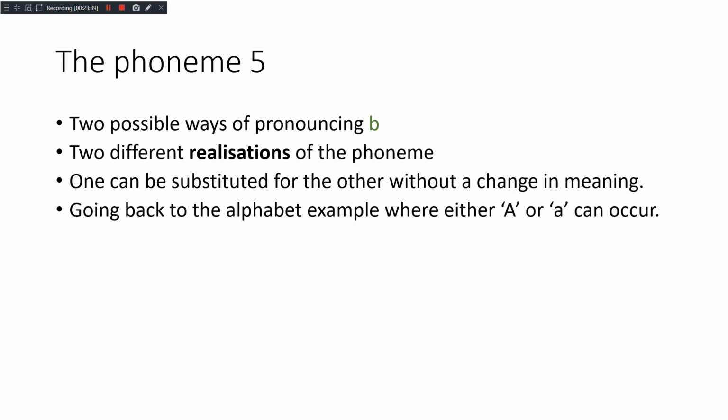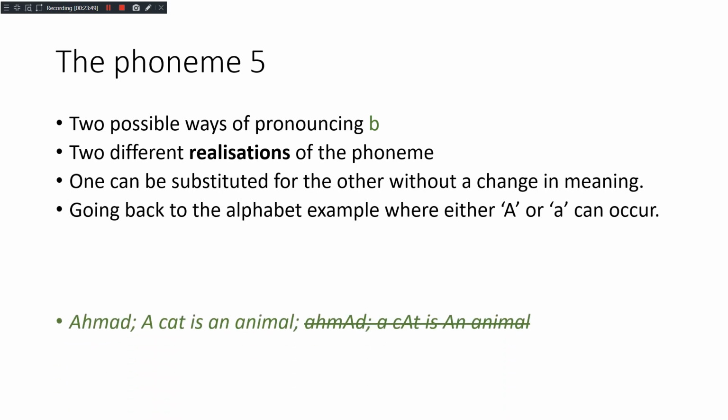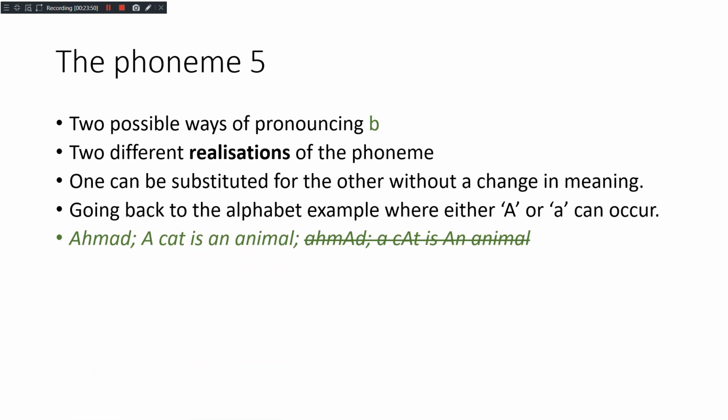If we go back to the example of the alphabet, where either capital letter A or small letter A can occur, we can see the difference in these examples. You see, Ahmad starts with a capital letter A, and in the middle we have a small letter a.